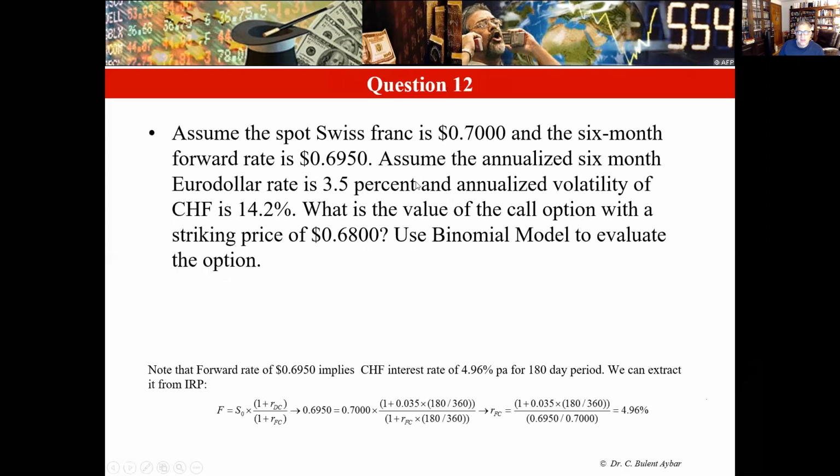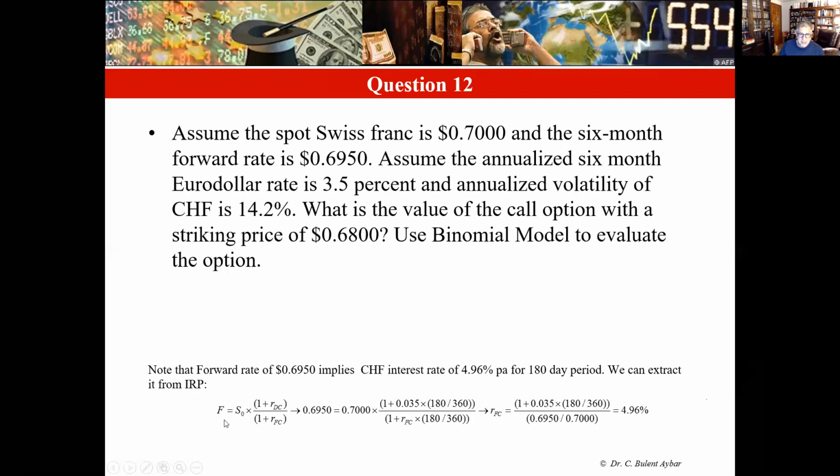So let's look at this question. In this particular case, we are going to use the binomial model to evaluate the same option. So all the data is the same, but instead of using the Black-Scholes or Garman-Kohlhagen model, we are going to use the binomial model to evaluate the option.